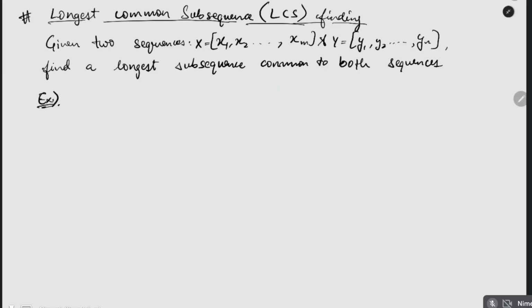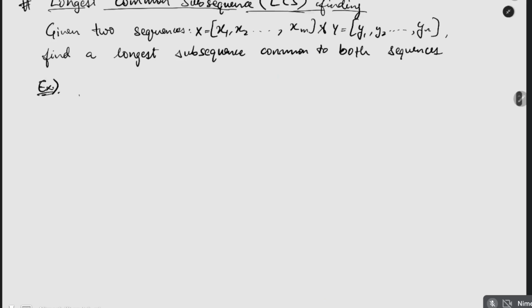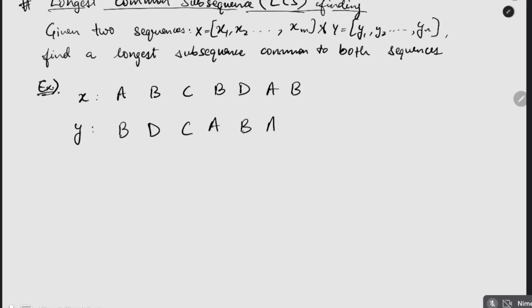Let's revisit the example that was there in the lecture notes also, that if x is a, b, c, b, d, a, b, and y is b, d, c, a, b, a, right?